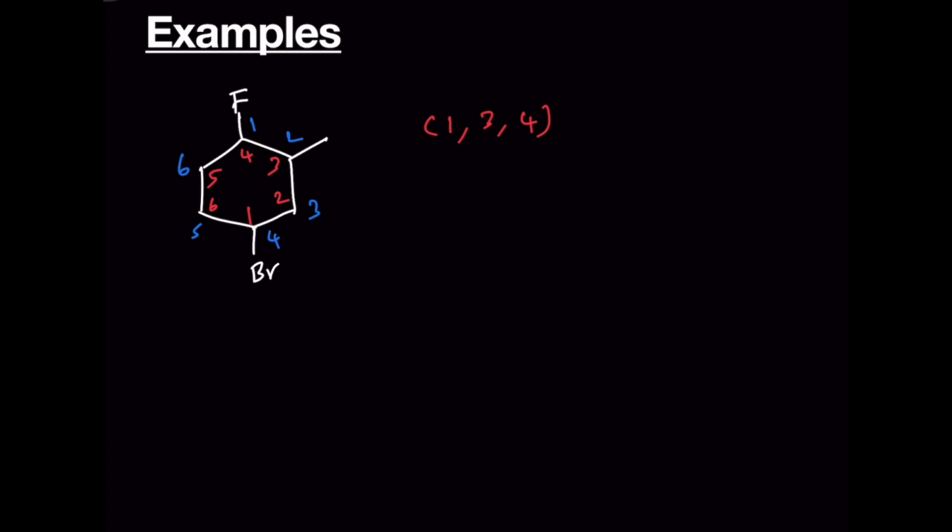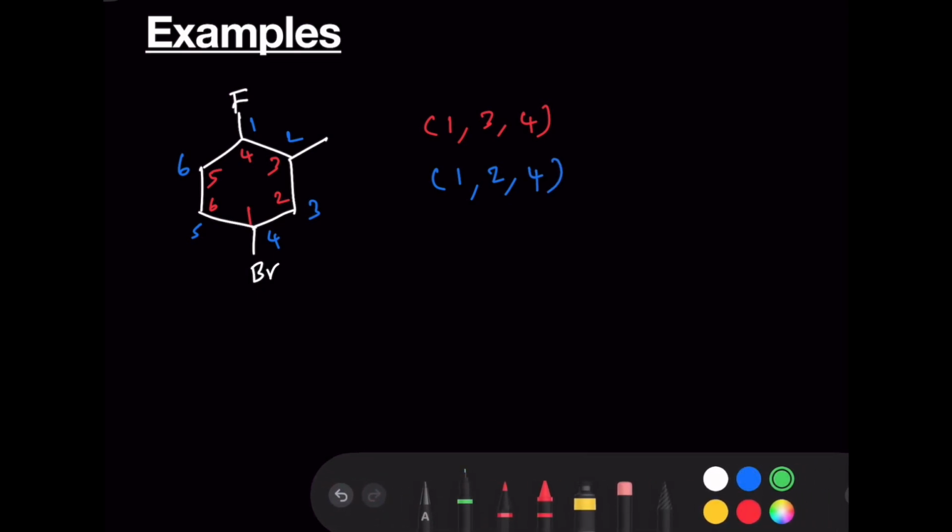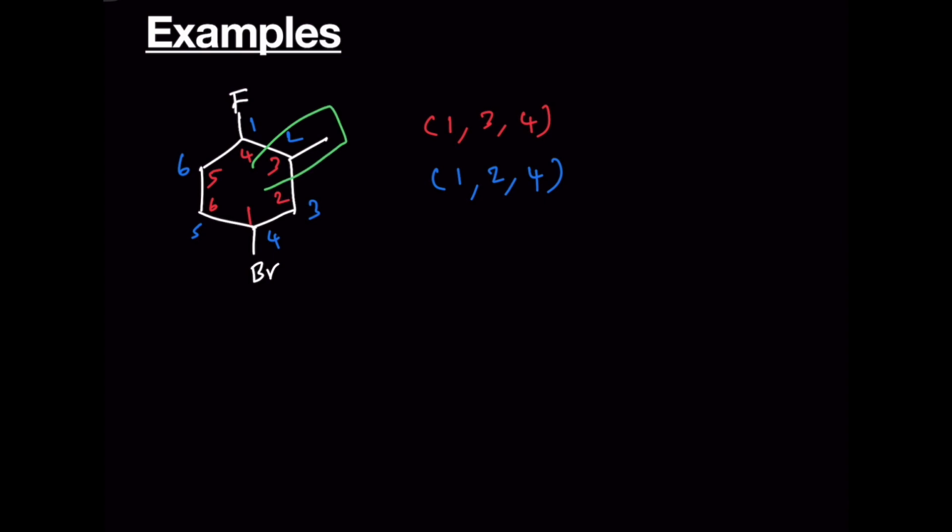Now the substituents are at 1, 2, 4 position. So it is basically the methyl group that breaks the tie once again. Remember, alphabetical order is important, but what is more important is whether you are following the second rule, which is once you decide the parent chain, we have to give the lowest numbers possible for the substituents, and therefore this is correct.